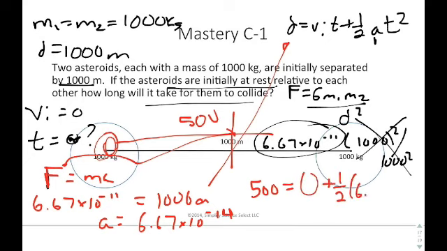You'd have an extremely small acceleration, and then you'd have t squared. Whenever you do this and you divide everything out, it ends up being an extremely large number. We can take 500, multiply it by 2, and then divide it by our 6.67 E14.